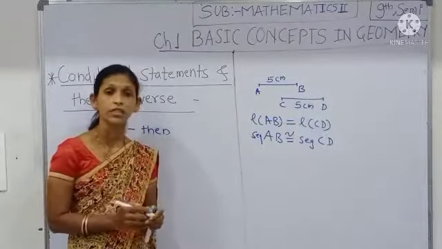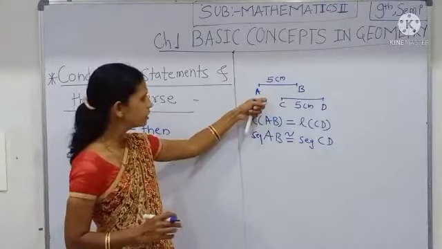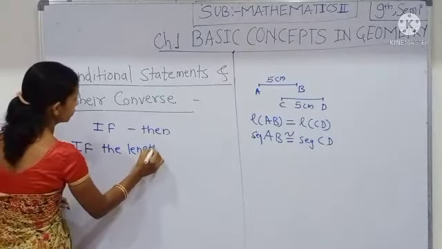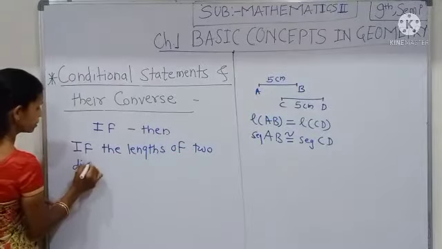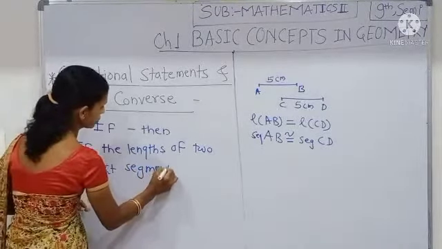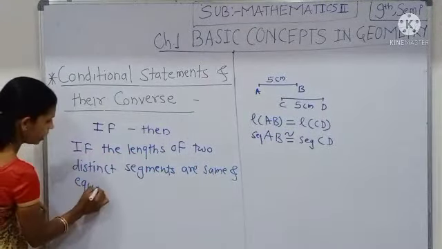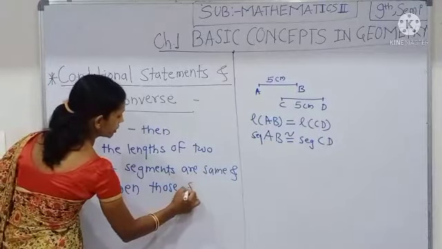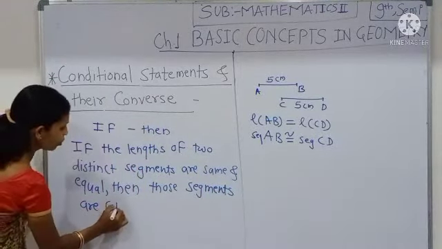The conditional statement given here about congruent segments is: if the lengths of two distinct segments are the same and equal, then those segments are congruent.